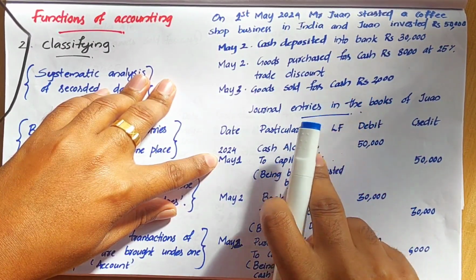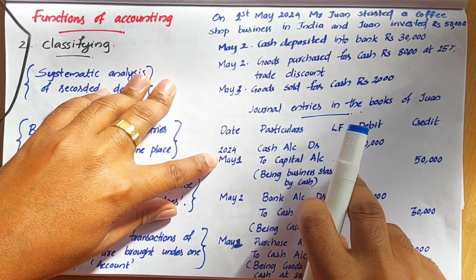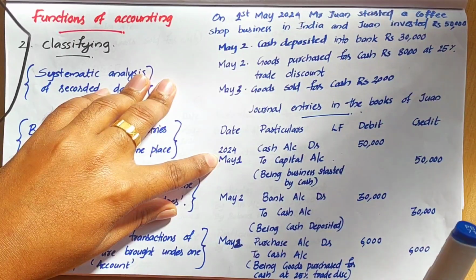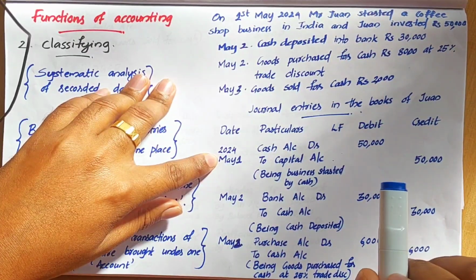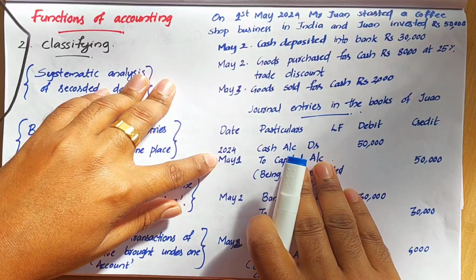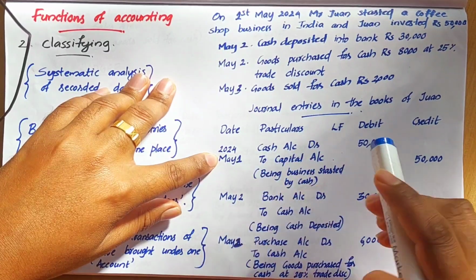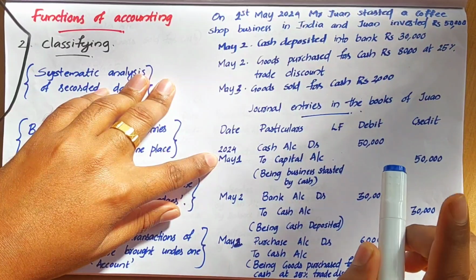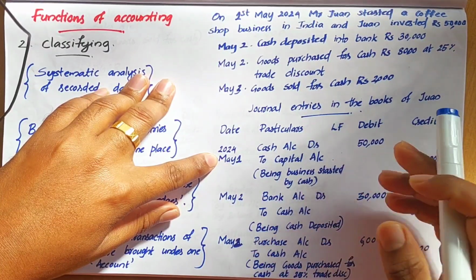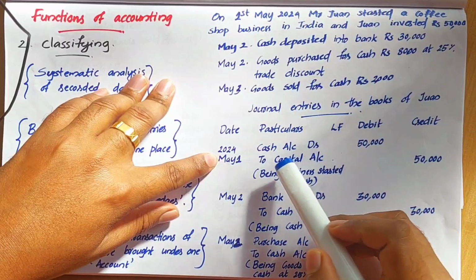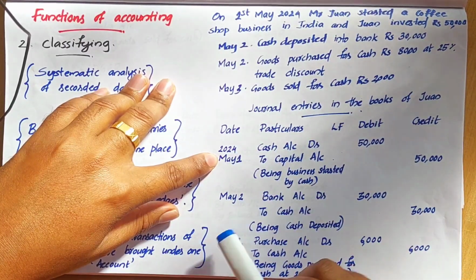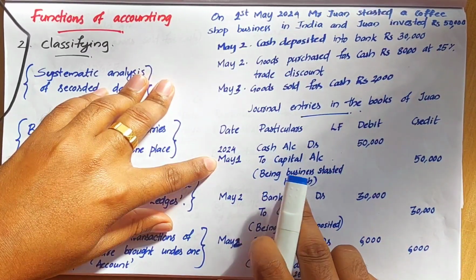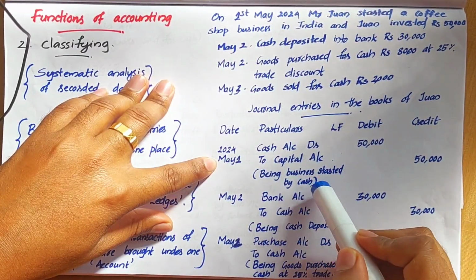How we post journal entries and on what basis, the golden rules of accounts, you can refer to in another video. Cash is a real account: debit what comes in, credit what goes out. So cash account is debited to capital account 50,000. The narration will be: being business started by cash.